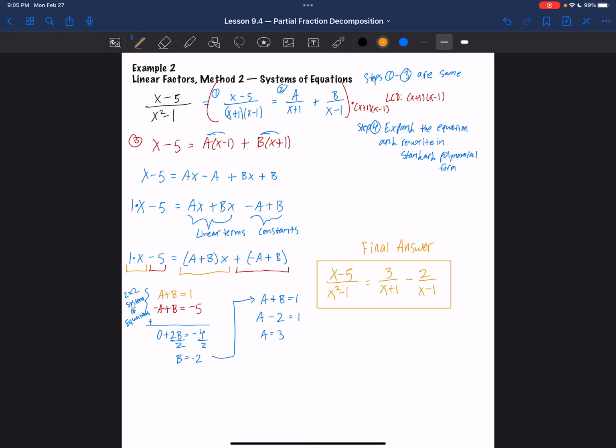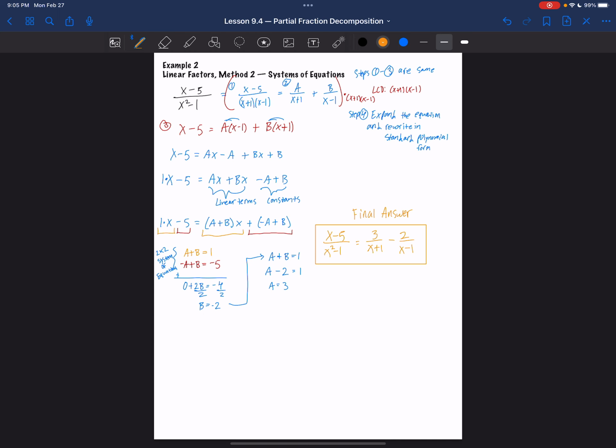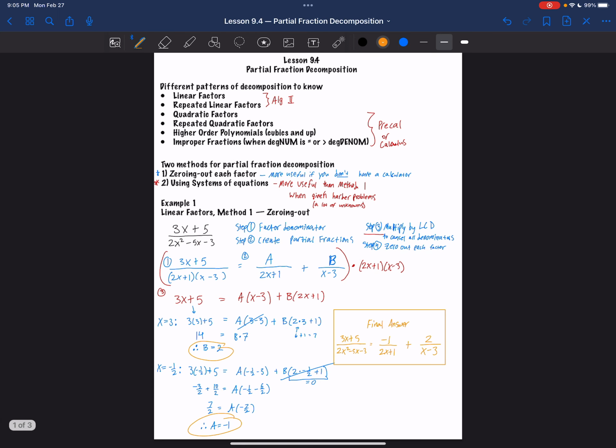And I think this line of thinking, looking at the coefficients like this, really builds your understanding of polynomials, that those coefficients have to be the same. Okay, and that's method 2, using systems. Now, as far as the test goes, test and quiz, pick either method. I don't care, okay? Not me, not right now, okay?